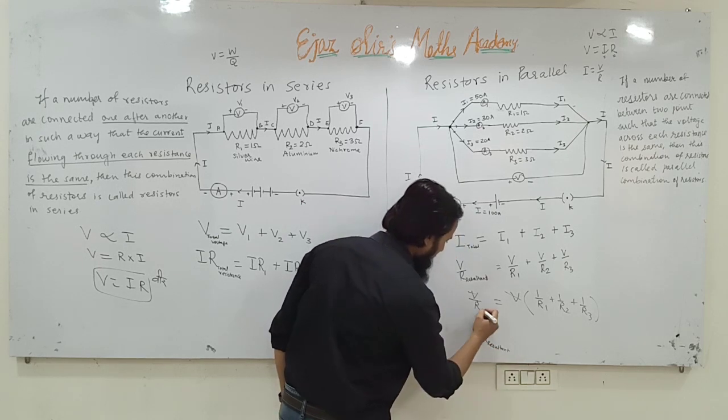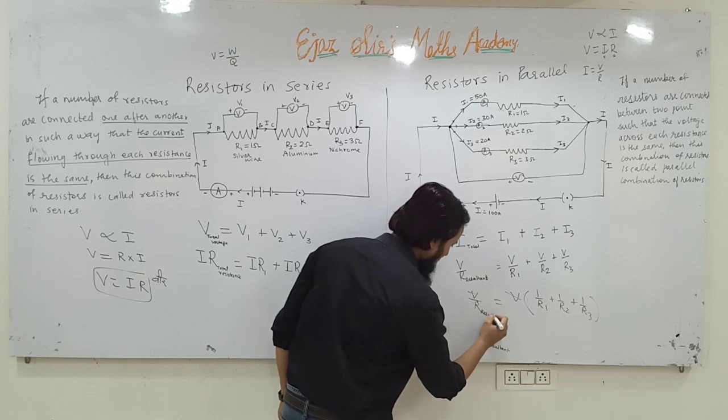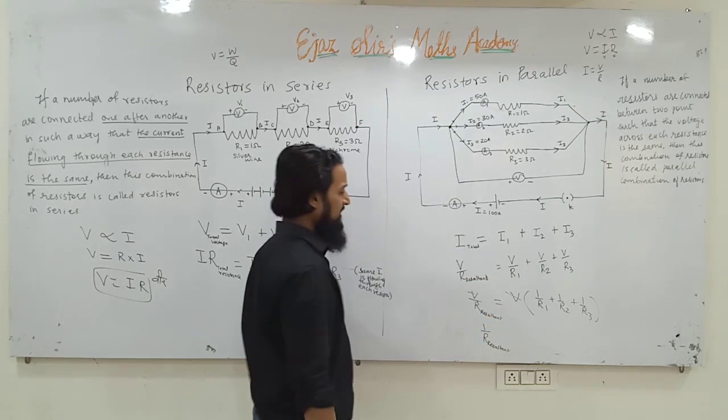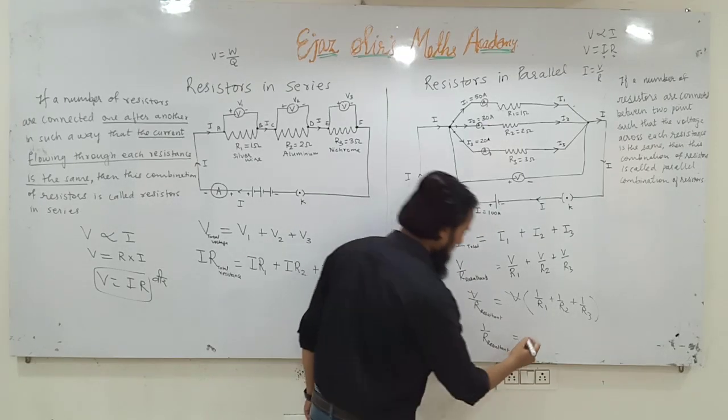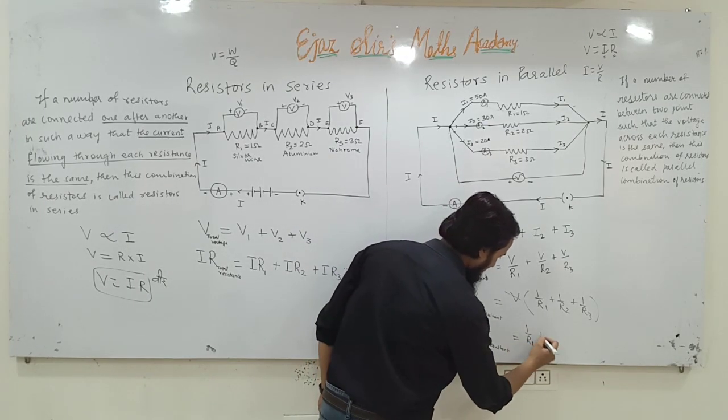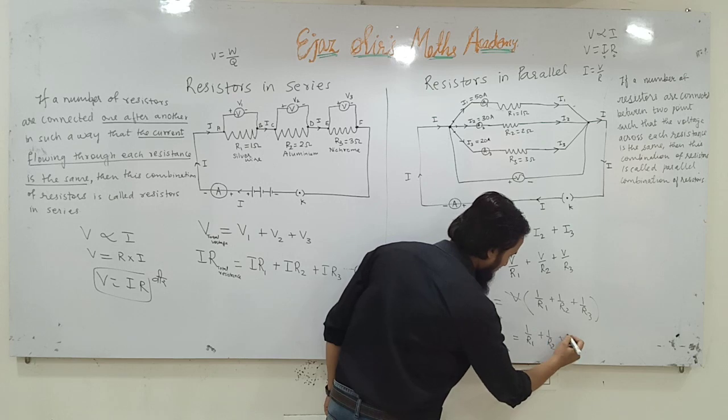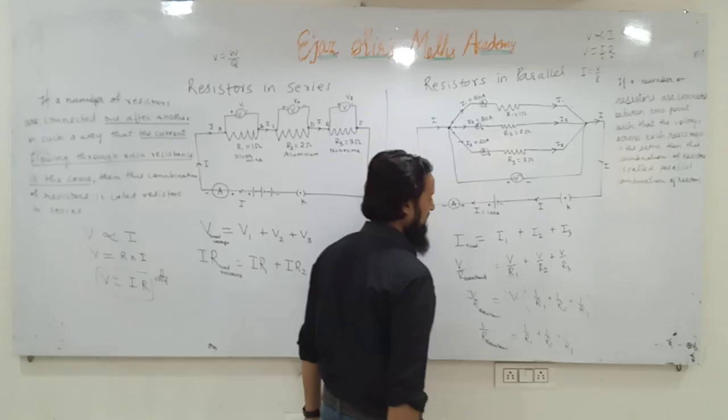R resultant means R total. I am not writing the word total because it is not a direct sum. So it is 1 by R1 plus 1 by R2 plus 1 by R3.